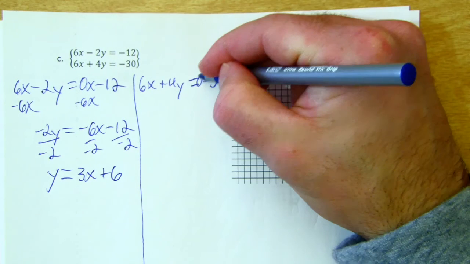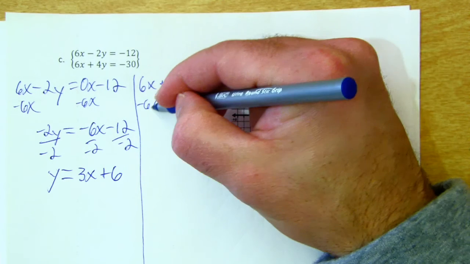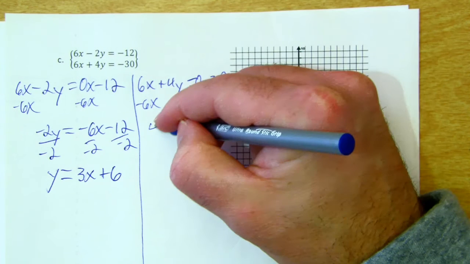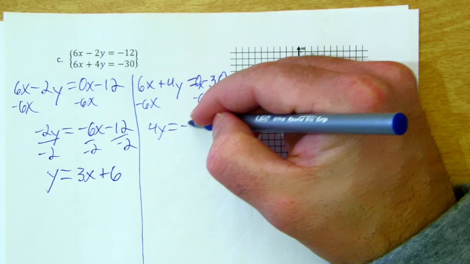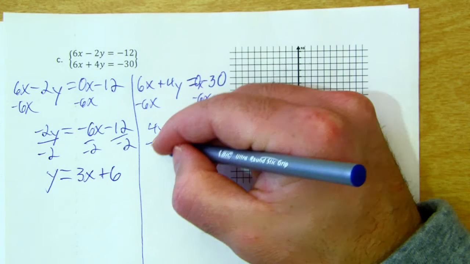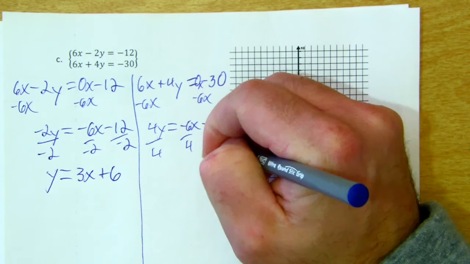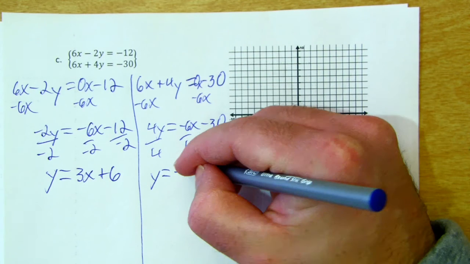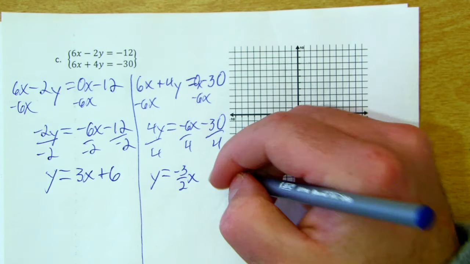I have to subtract 6x from both sides. So I have 4y equals -6x minus 30. Divide everything by 4. y equals -3 halves x minus 7.5.